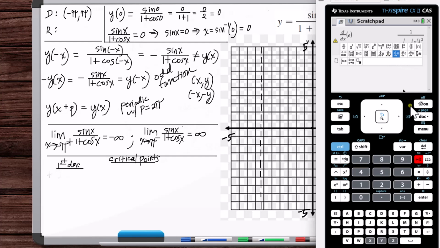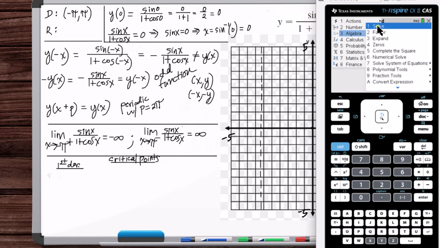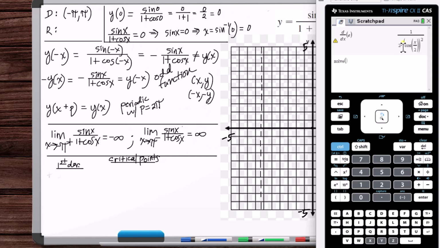So what we can do is solve for when this is equal to 0 for x. Okay, so at -pi and pi. But that's at the endpoint. So there's nowhere where this doesn't exist within the endpoints. So none.